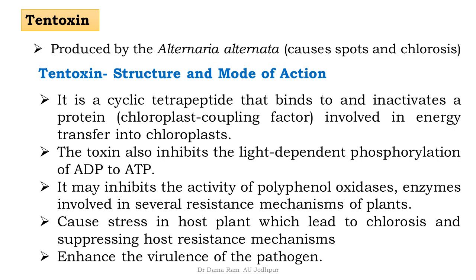Additionally, an unrelated effect of tentoxin on sensitive plants is that it inhibits the activity of polyphenol oxidase enzyme, which is involved in several resistance mechanisms of the plant. So both effects of the toxin, namely stressing the host plant with events that lead to chlorosis, and suppressing host resistance mechanisms, enhance the virulence of the pathogen.